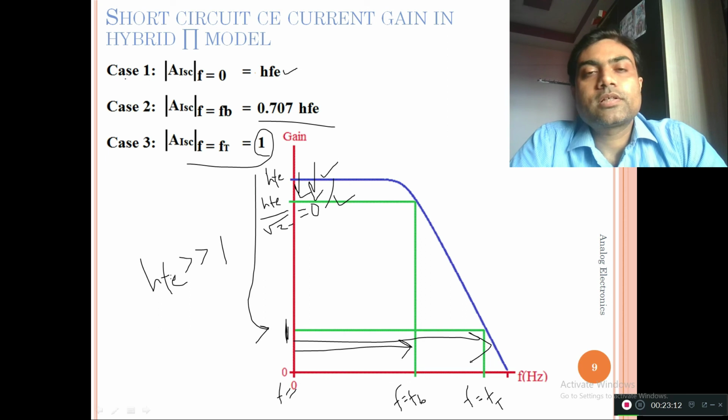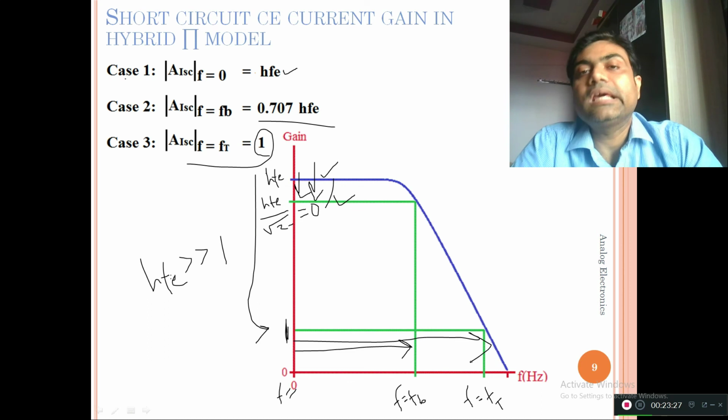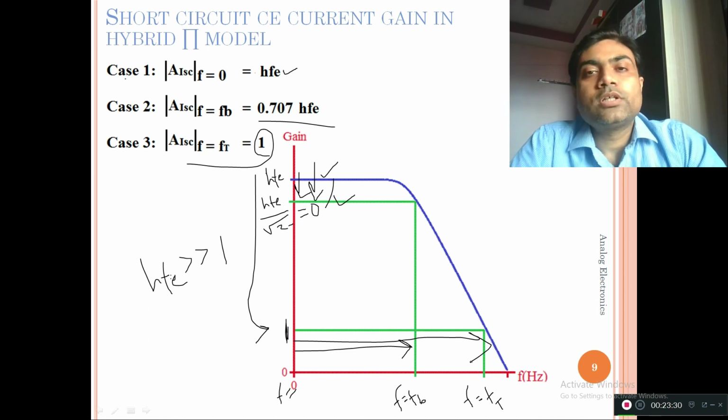So we have discussed today how gain and frequency are related. If we want to increase the gain, we have to decrease the frequency. If you are interested in higher frequency ranges, higher bandwidth, then you have to decrease the gain as well. These two things are always in opposite relation.